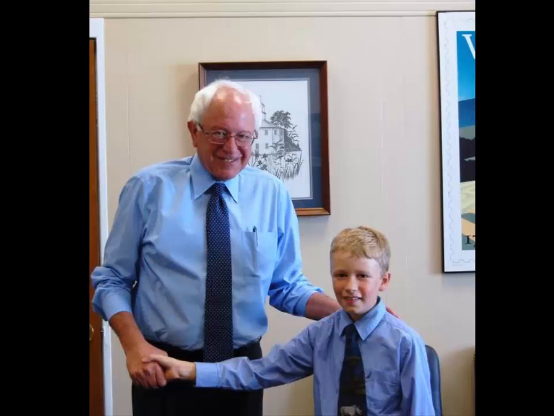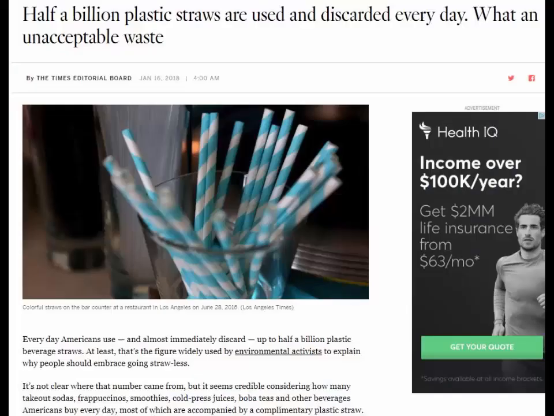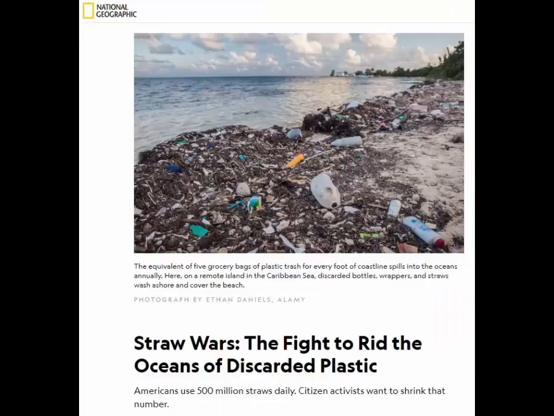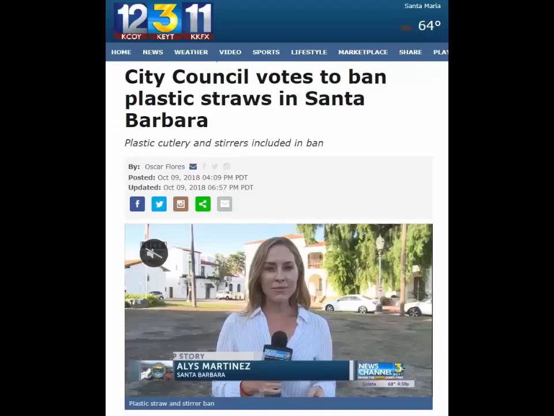That's how he reasoned that Americans use 500 million drinking straws per day. A number that was then cited in the news many times without mentioning that it came from a 9-year-old child without professional training in statistical analysis. A number that was then used to argue for laws to restrict the use of disposable drinking straws.